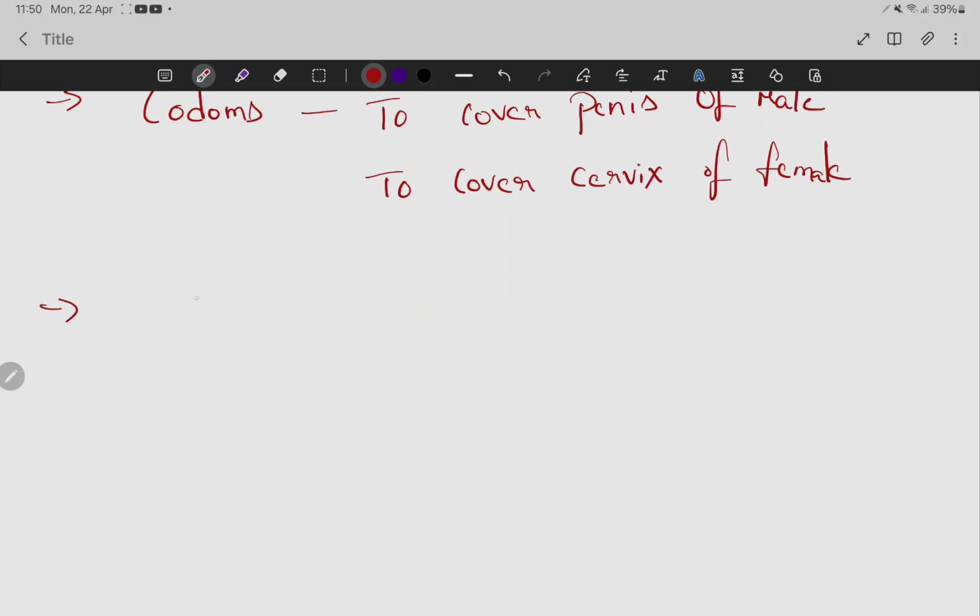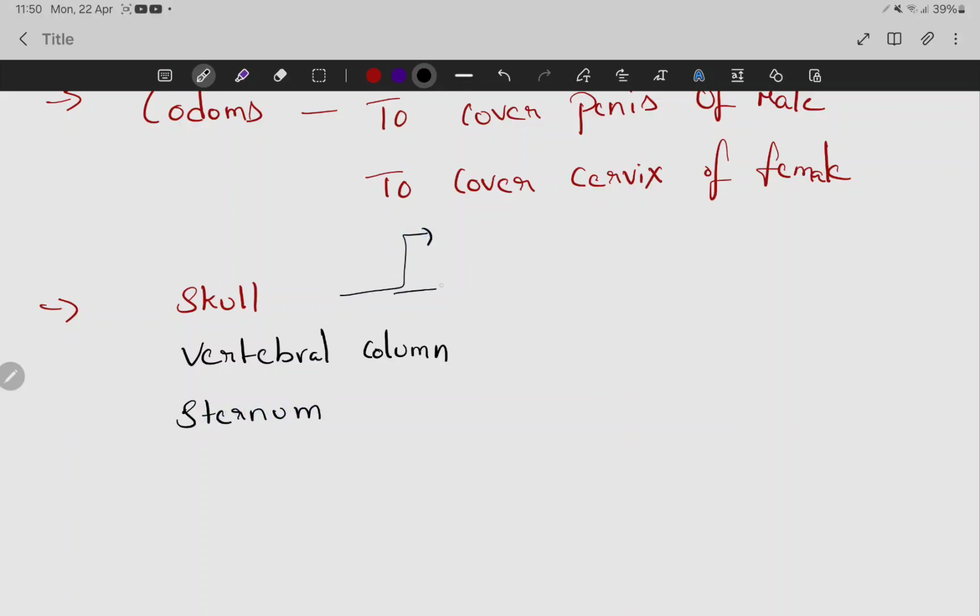So let's list out the bones of skull, vertebral column, and sternum. Skull, we have two things: facial bones and cranial bones.